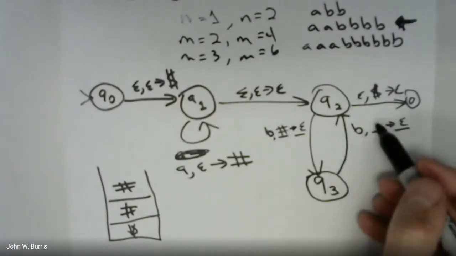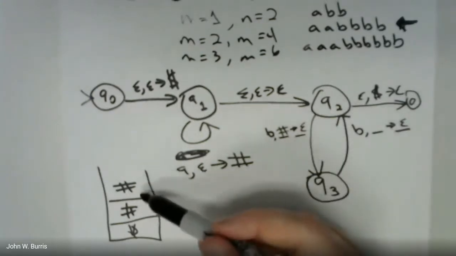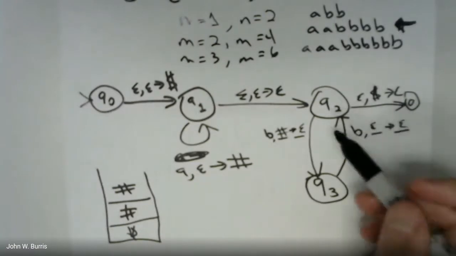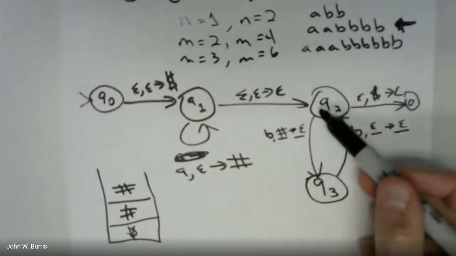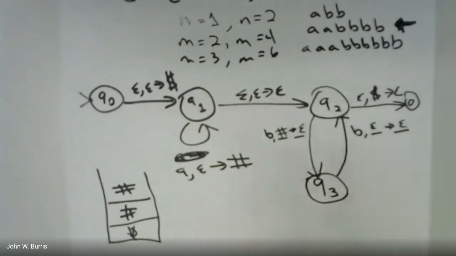Now, we don't want to put a hash right there because that would take 2 hashes, and we only have 2 total. We're going to need 4 of these. But if I put it here, in that first hash, this is how we can read 2 B's but only pop 1 hash. So that's kind of how I solved it.